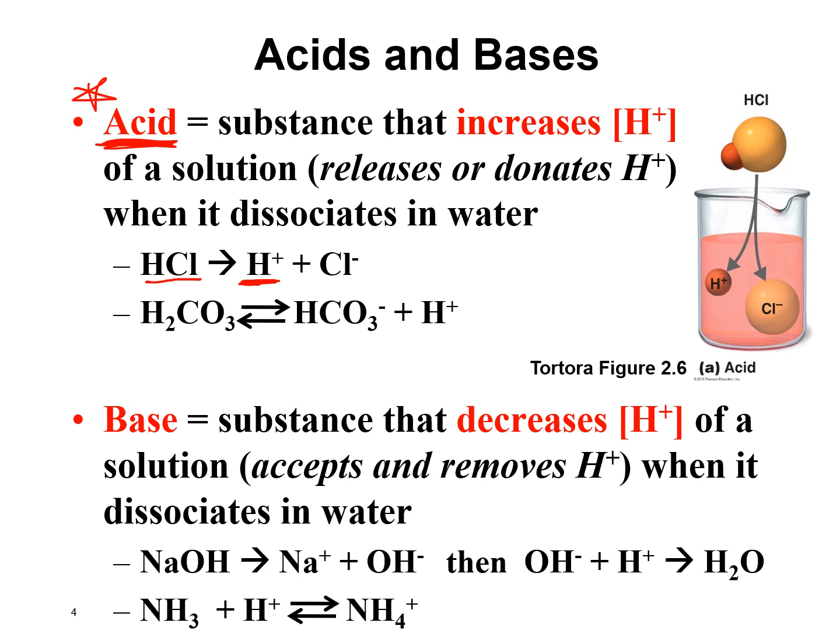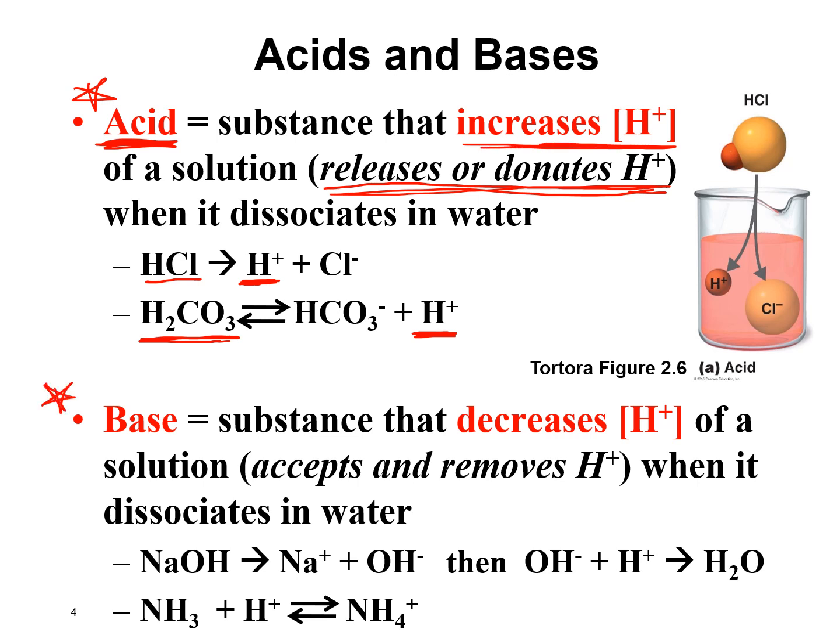And if you have something like carbonic acid, and you throw that into the water, it also will release the hydrogen ions and increase the hydrogen ions of the solution. So just remember that acids will release or donate the hydrogen ions in the solution when you throw it into the water. So acids will end up increasing the hydrogen ion concentration.